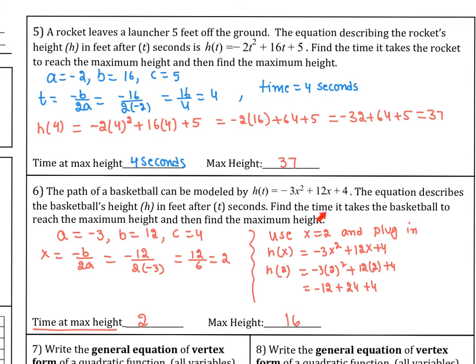Find the time, that is x or t, using this formula -b over 2a. I got the t as 2. And to find the maximum height, I used x equals 2 and plugged it in the equation to find the maximum height. And when I plugged in the 2 here, I got the maximum height as 16.